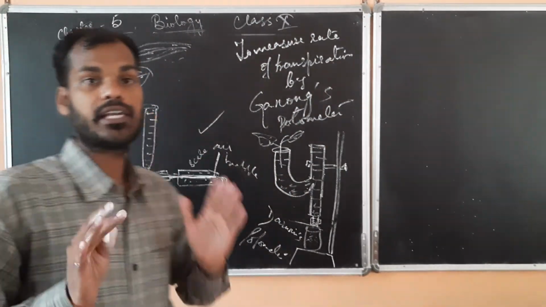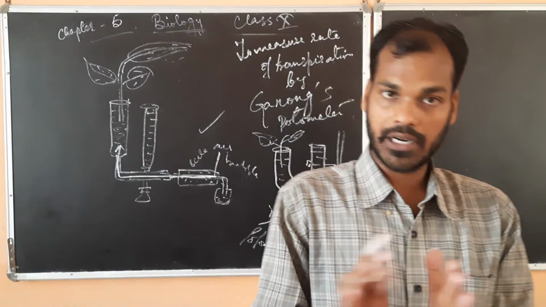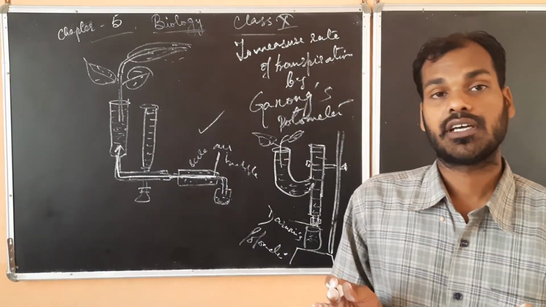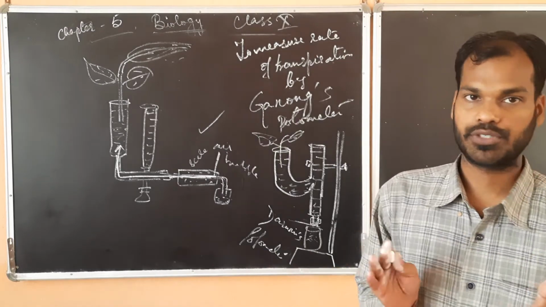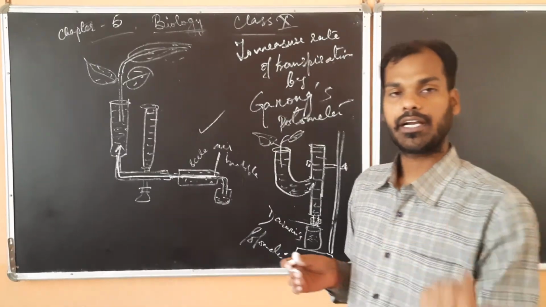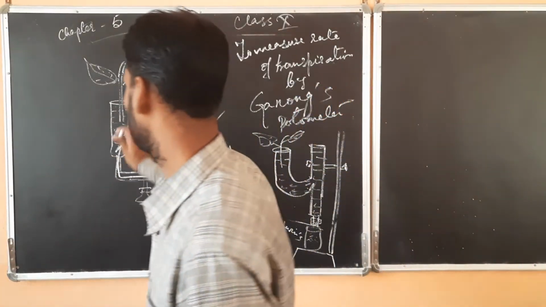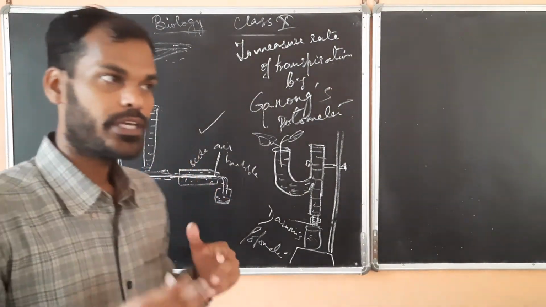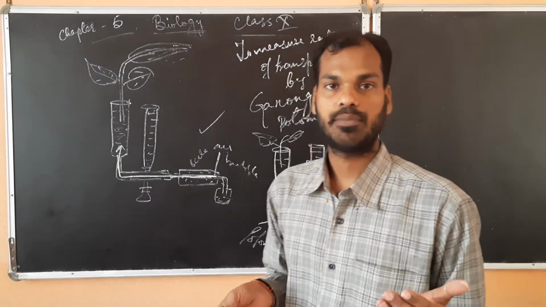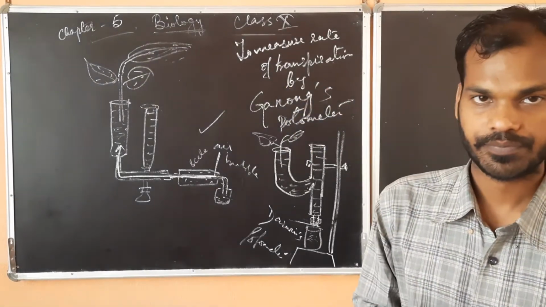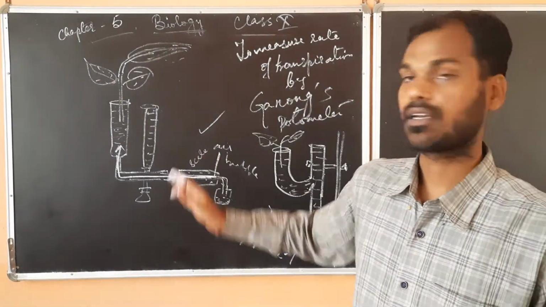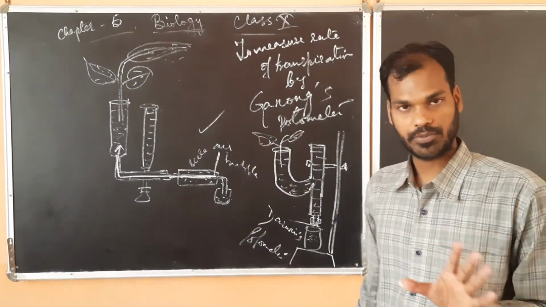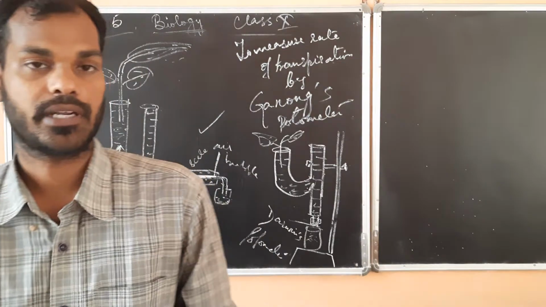It will give you only a rough estimate, because we have already assumed that the rate of transpiration is equal to the rate of absorption of water. But when water is absorbed, some of it will be used by the plant for metabolic activities. So it is not a correct estimation of the rate of absorption or rate of transpiration.